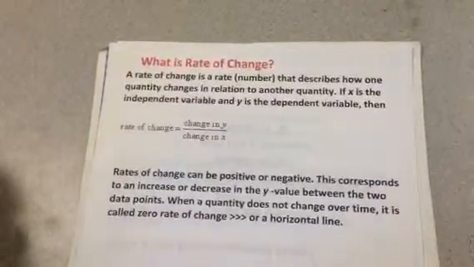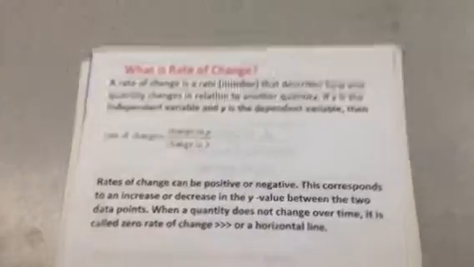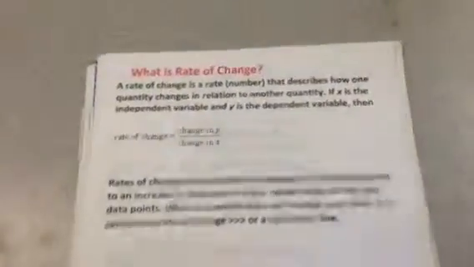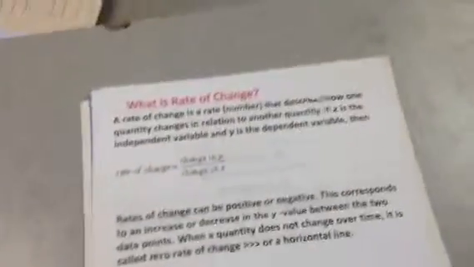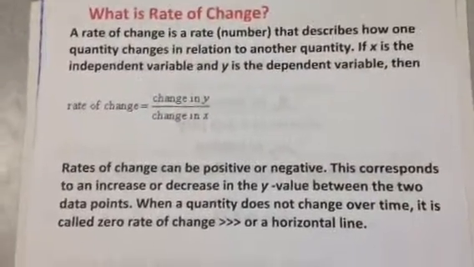Rates of change can be positive or negative. This corresponds to an increase or decrease in the y value between the two data points. When a quantity does not change over time, it is called zero rate of change, or a horizontal line.